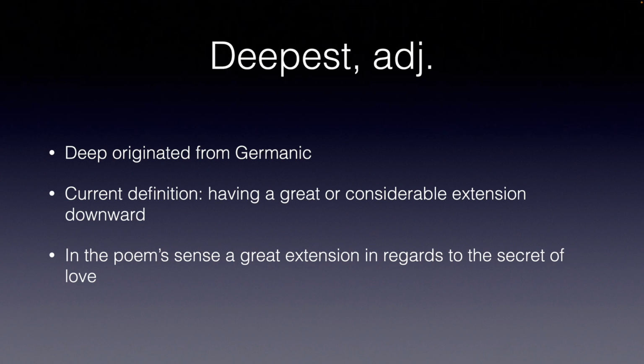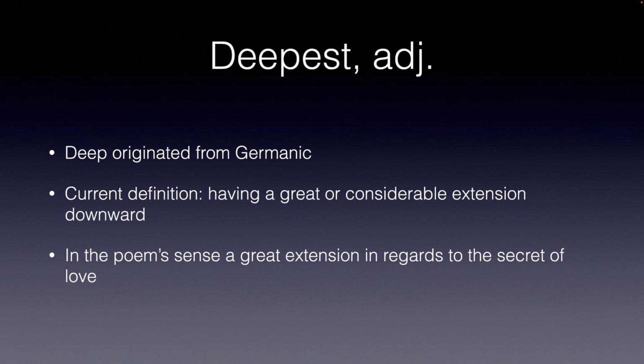Next word is deepest. So deepest comes from the word deep, which originated from the Germanic language. The current definition is having a great or considerable extension downward. In the poem sense, a great extension, I think, would be in regards to the secret of love.